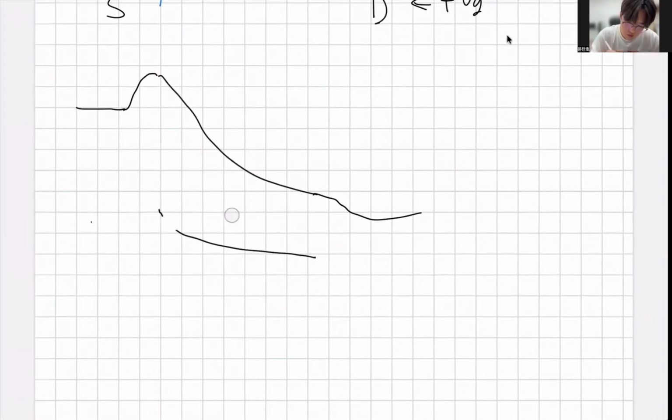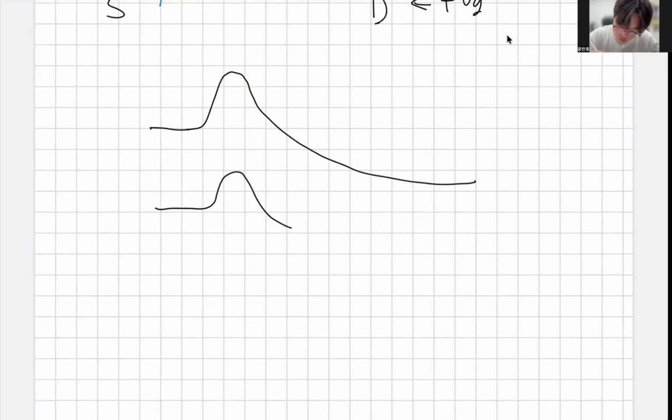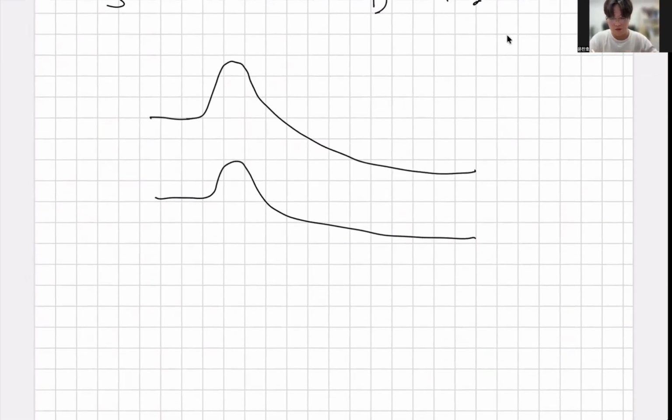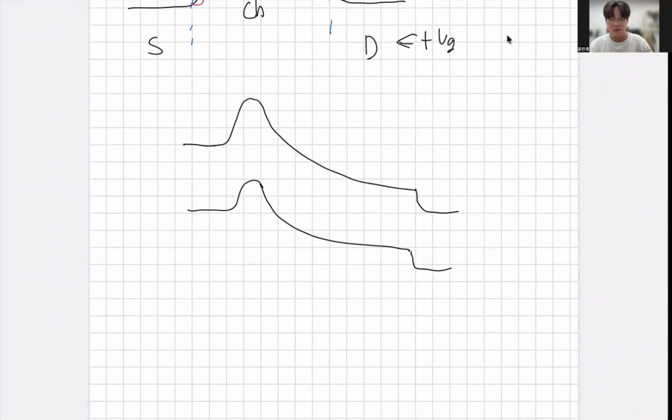Sorry, I will redraw again. The band diagram will be drawn like this. As we can see, here is source and drain, and here is channel.